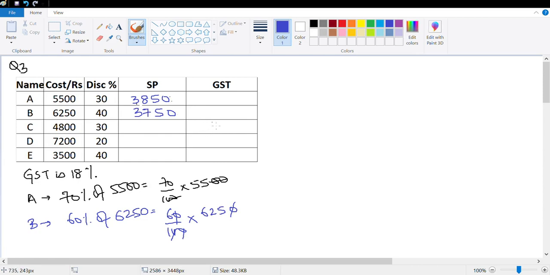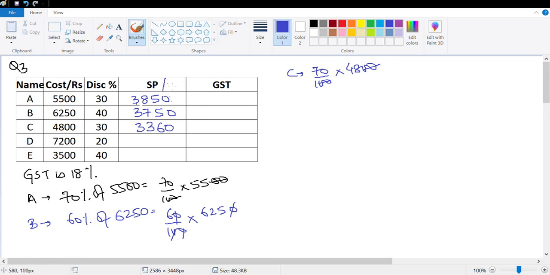The next one, 4,800 with a 30% discount. The C is 30% discount, which means he's paying 70% of 4,800. So 48 into 7, that's 2,856. So 560, there are 336. That's 3360.